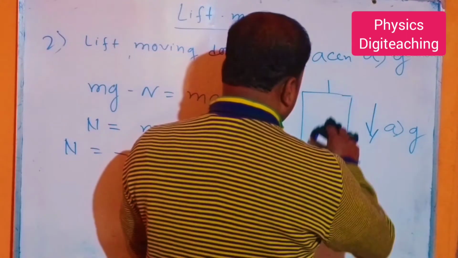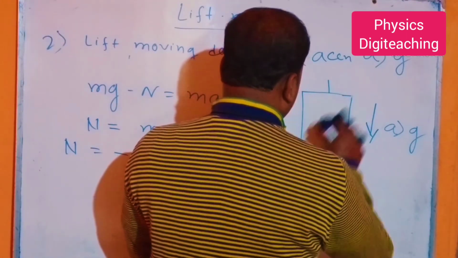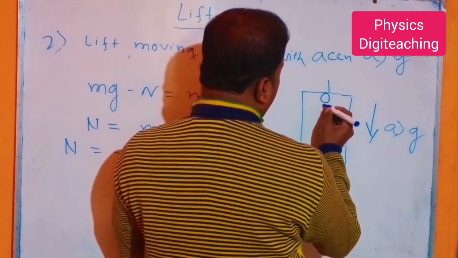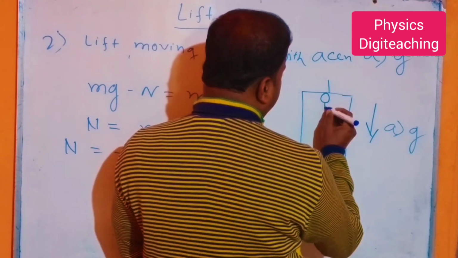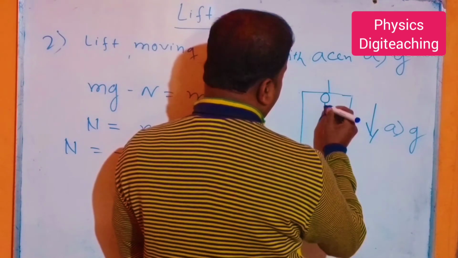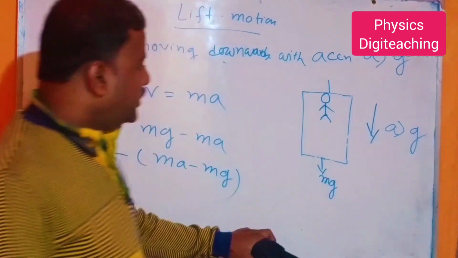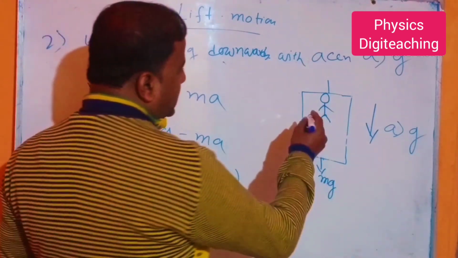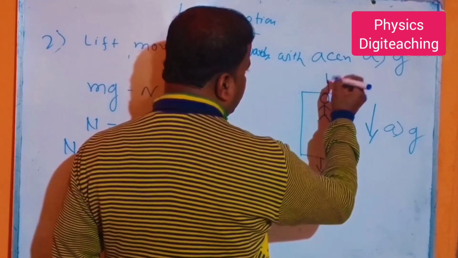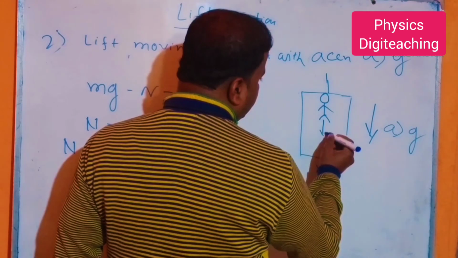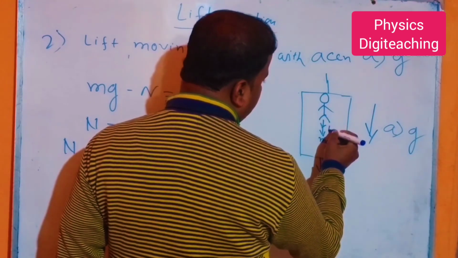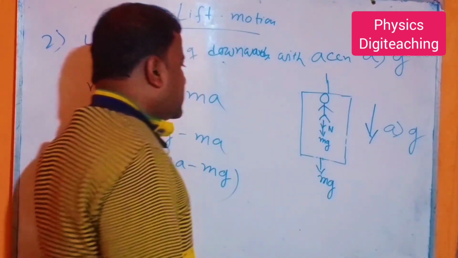In this condition his head touches the ceiling of the lift and he is isolated from the floor of the lift. Here his head touches the ceiling, and this is the weight mg, and also this is the normal reaction.